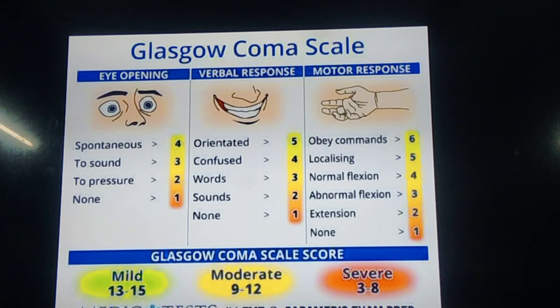And if the GCS is improving, that means whatever treatment or care we are giving is effective. So it will help us plan our care, whether it is deteriorating or improving. So it's very important that we are familiar with each component, assess it properly, record it, report it, and take timely action.